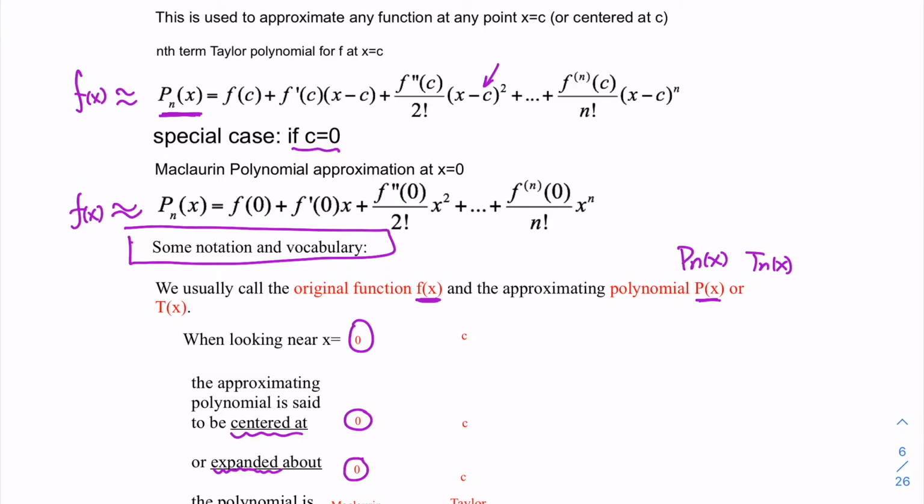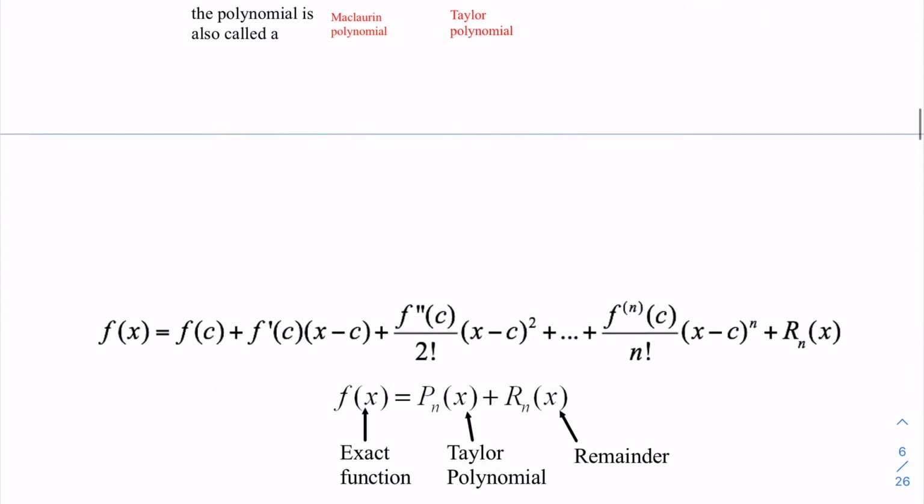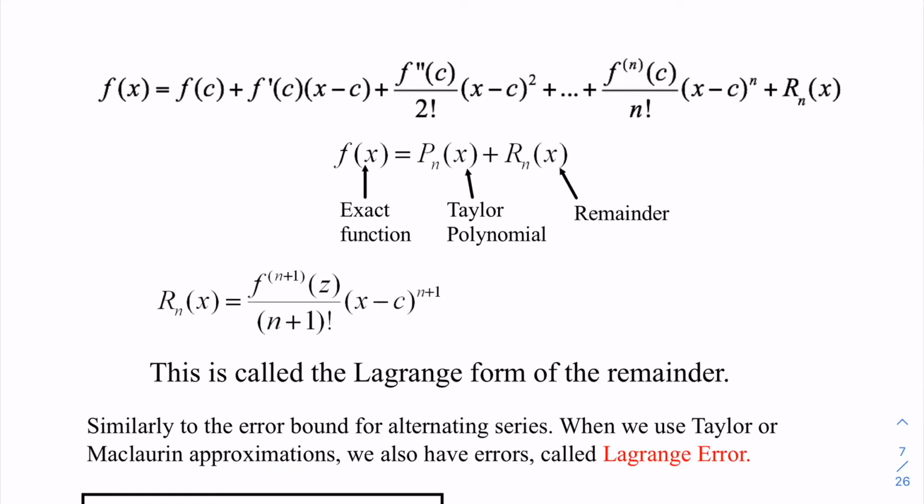Any center other than 0, we call centered at c or expanded at c, and that is called a Taylor polynomial. As we mentioned before, every time we approximate a function f(x) with Pn(x), this is an approximation, so there will be an error.